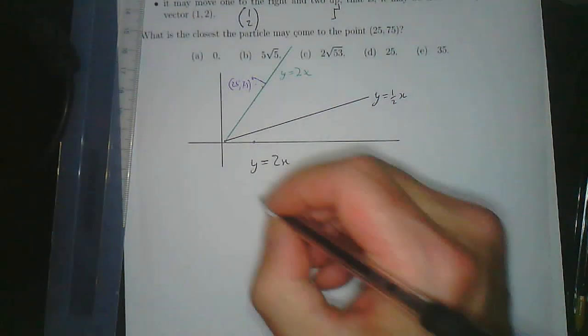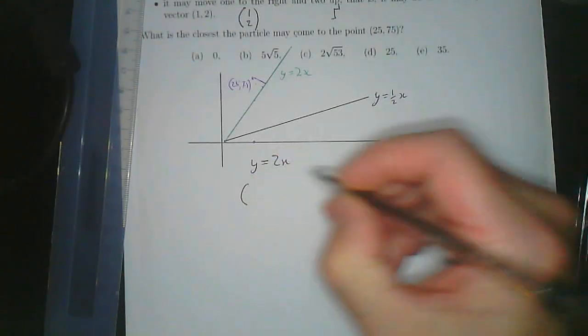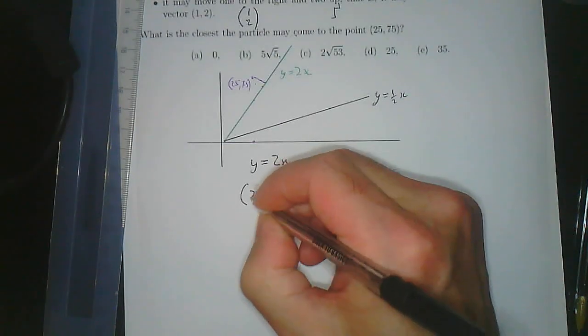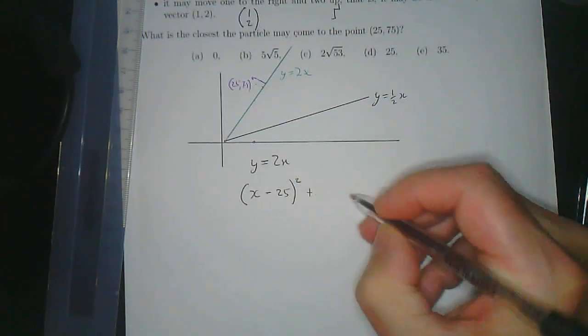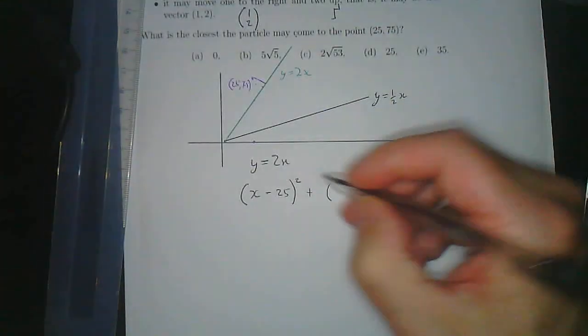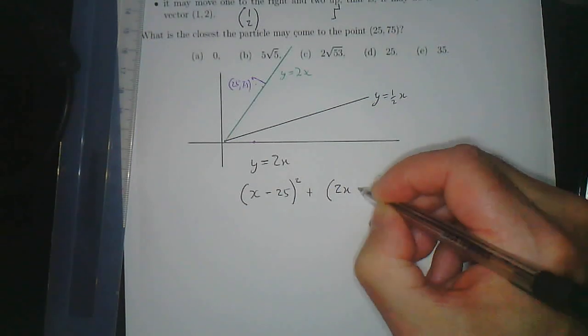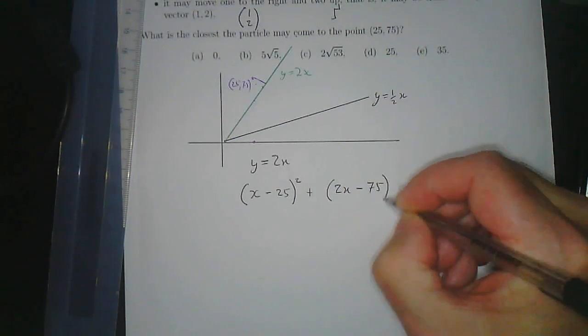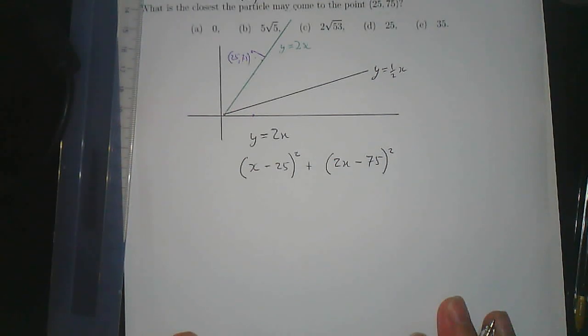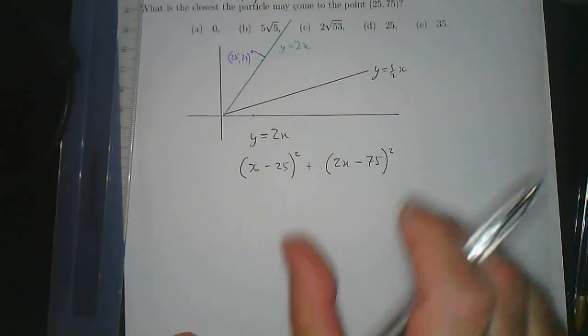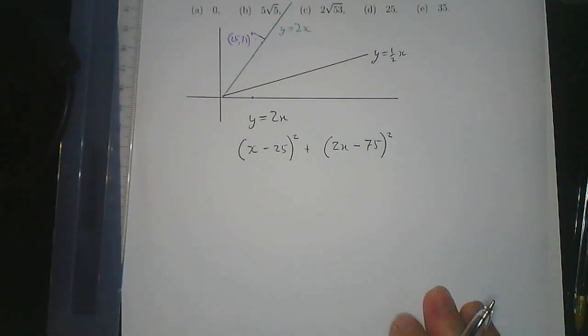So we've got this, and we've also got some information about the circle, which is (x minus 25) squared plus, now instead of (y minus 75), I'm going to write (2x minus 75) squared. And this expression here, whatever it is, we want it to be as small as possible. We want it minimized.